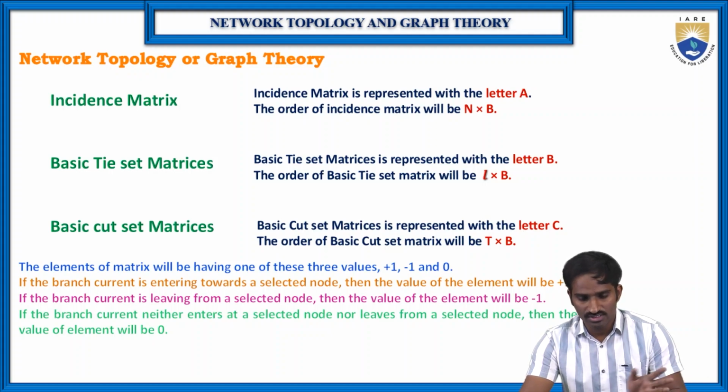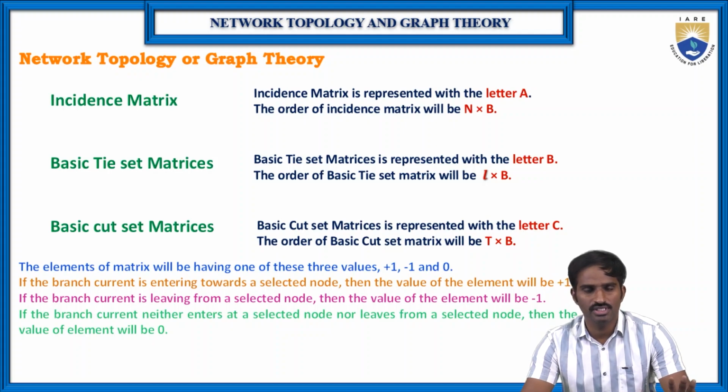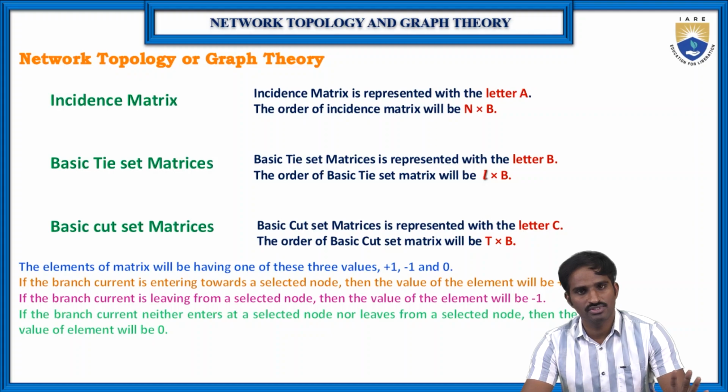Of course in these matrices we will have only ones and zeros, with the ones having positive and negative signs. Usually in these matrices we take the node as a common point. If there is any link to the particular branch from that node, then we make it a 1, otherwise a 0.